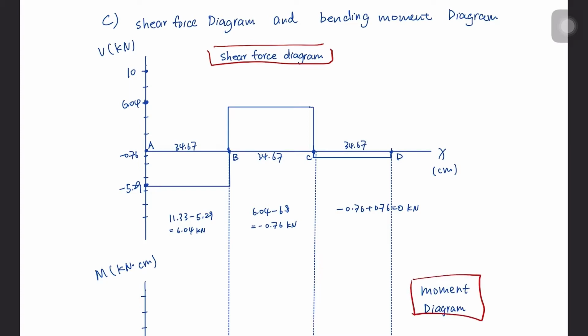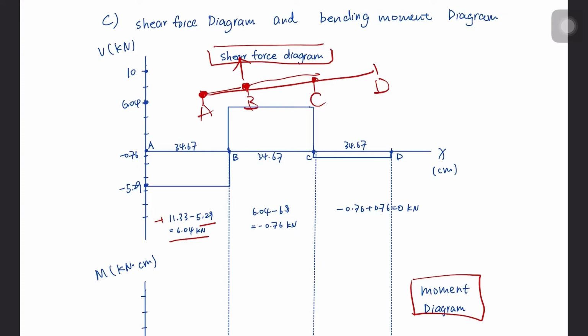We need to do it section by section, so we can draw the whole thing, which is here: A, B, C, and D. We are starting from negative 5.29 at A, and then there is a positive 11.33 kilonewton force from A to B. So negative 5.29 plus 11.33, we have 6.04 kilonewtons at B. From B to C, we're experiencing a downward force of 6.8 kilonewtons.